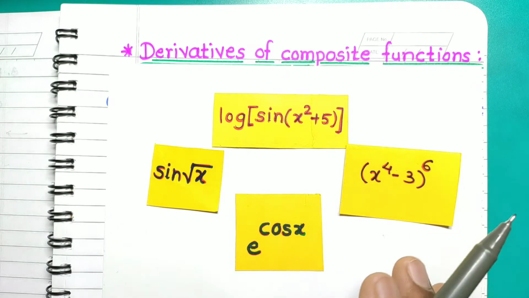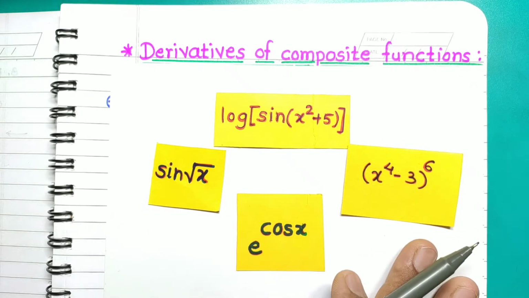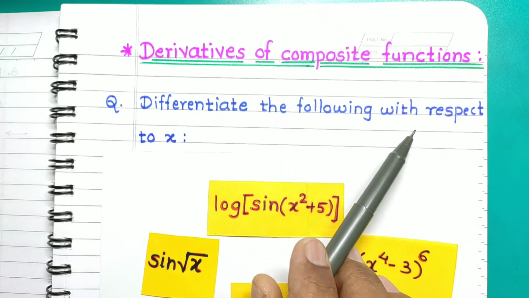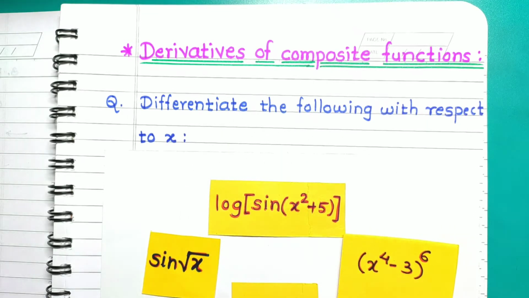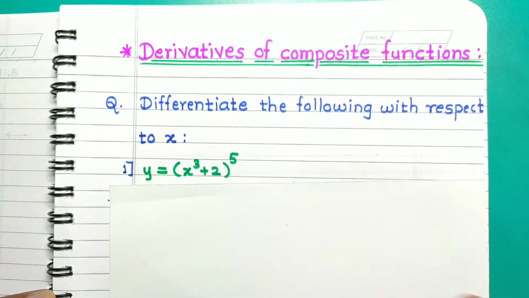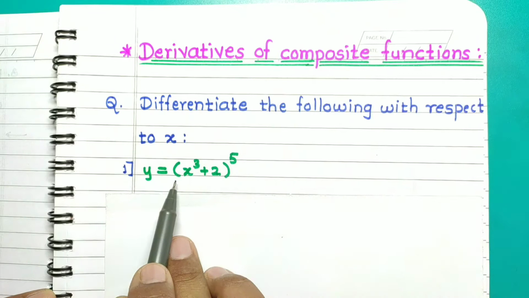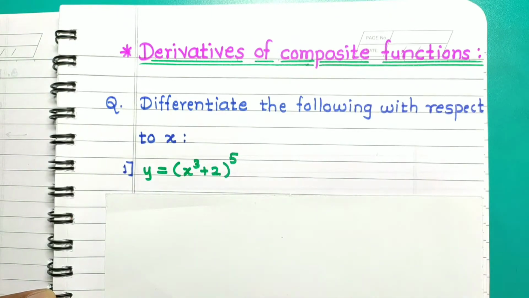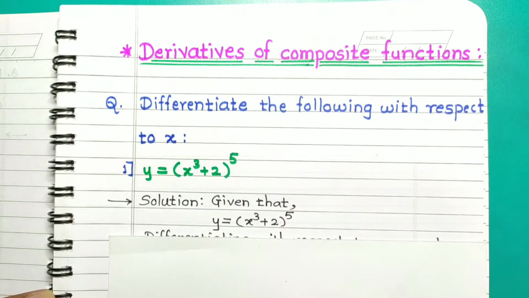In this context, the question you will be asked is: differentiate the following with respect to x. Here we are given the first function as y is equal to (x cube plus 2) bracket raised to 5. In the solution, let us first write down the given function.